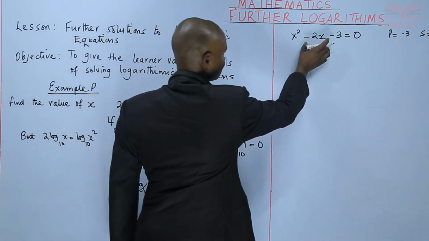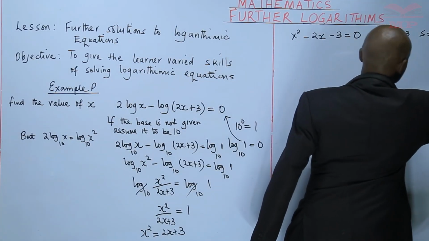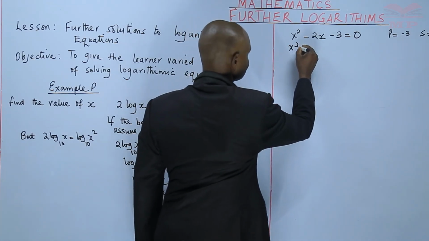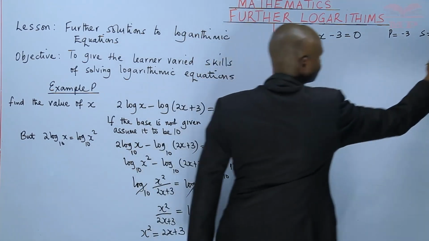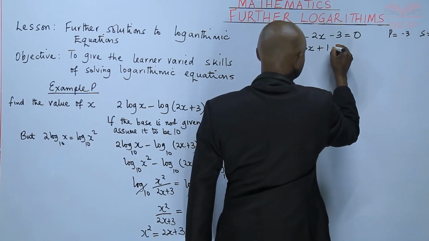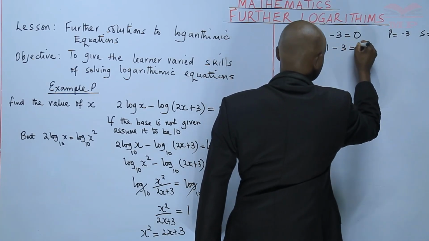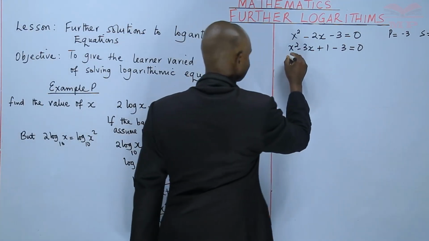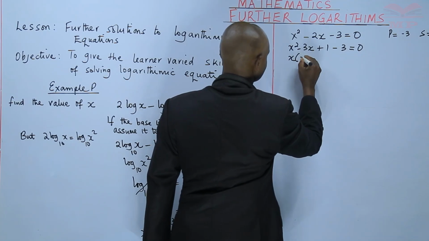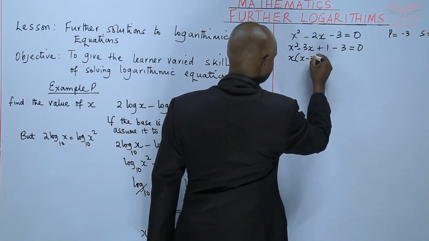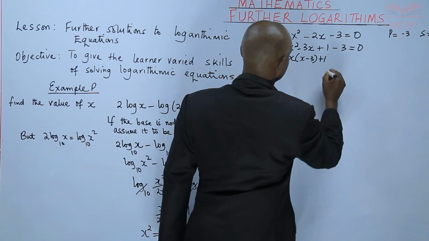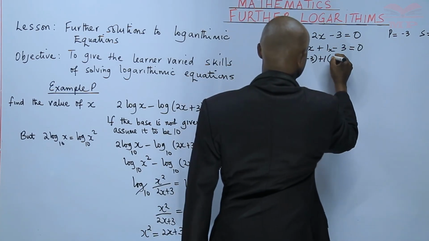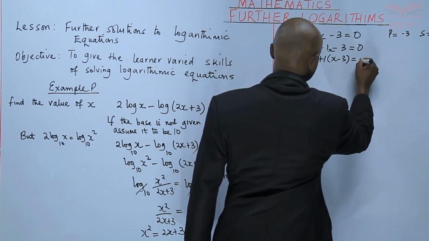I'll break up the middle term using the numbers. So I'll say x squared minus 3x plus 1x minus 3 is equal to 0, learner. So you'll factorize: x into x minus 3, plus 1 into x minus 3, gives us 0.